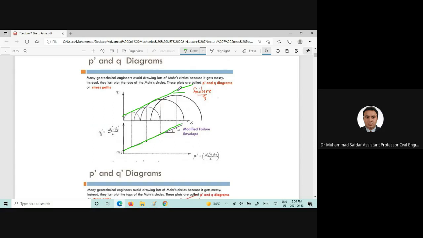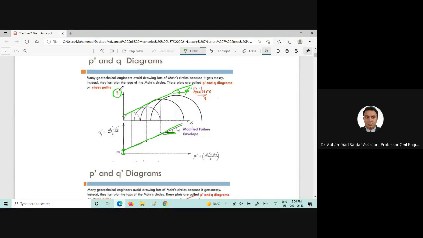Now the angle will be equal to phi, and we can call for the time being this angle alpha. It will have an intercept m.